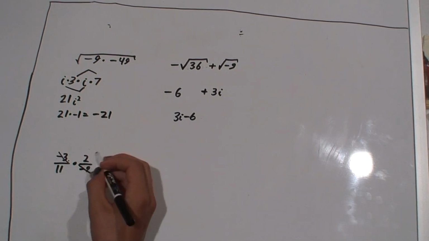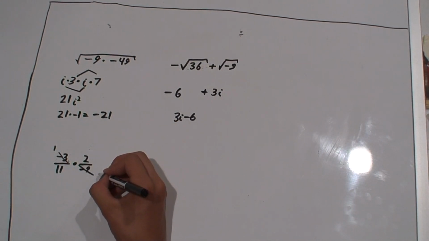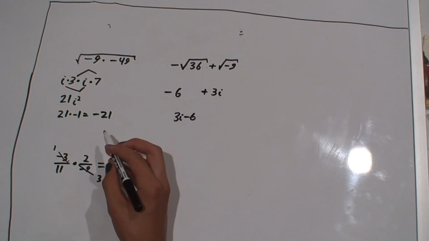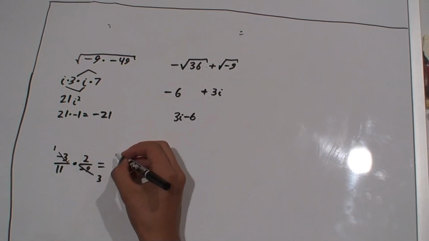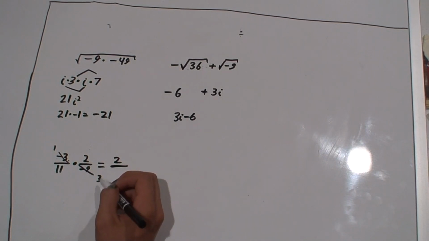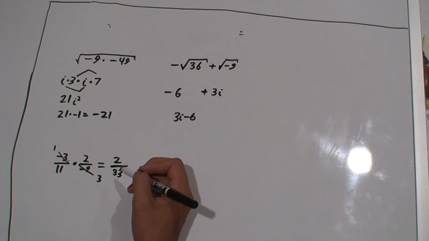So you can take those out. Divided by -3, this one would be 1. This one would be 3. So you can go on, take that out. 1 times 2 is 2. 11 times 3 is 33. So we would get 2/33.